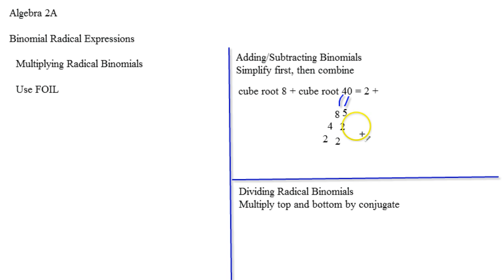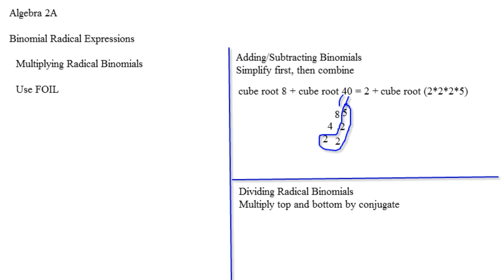So I've transformed 40 into 2 times 2 times 2 times 5. So this would be cube root of 2 times 2 times 2 times 5.